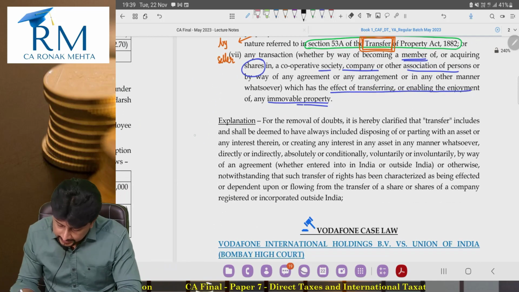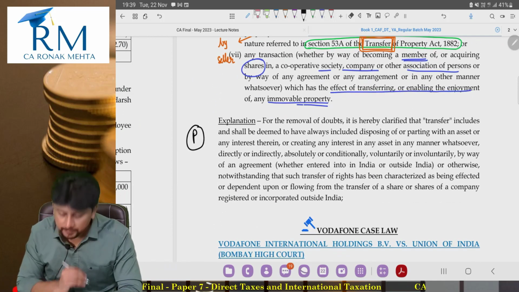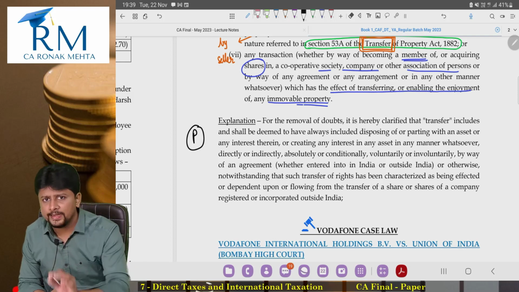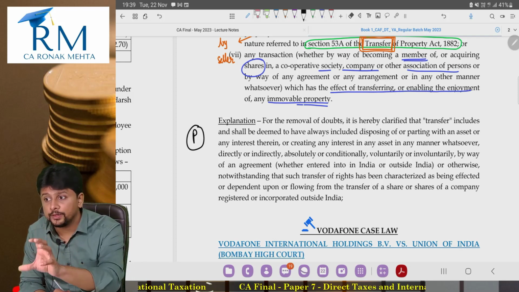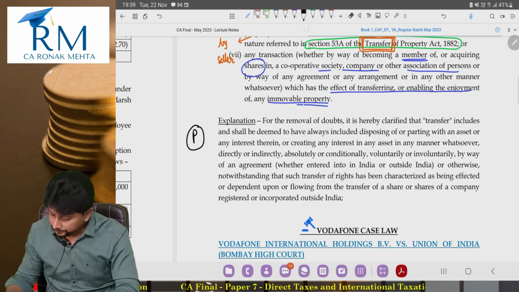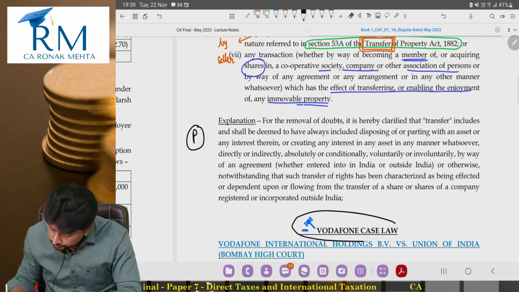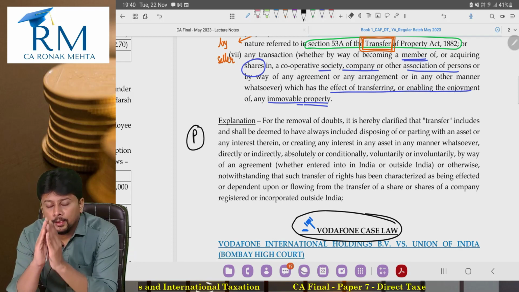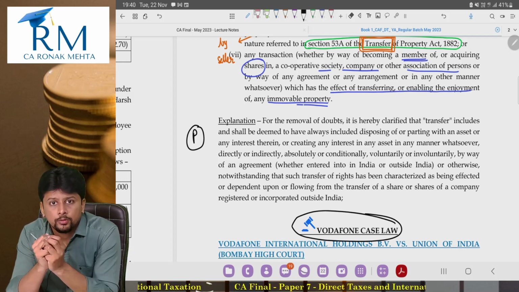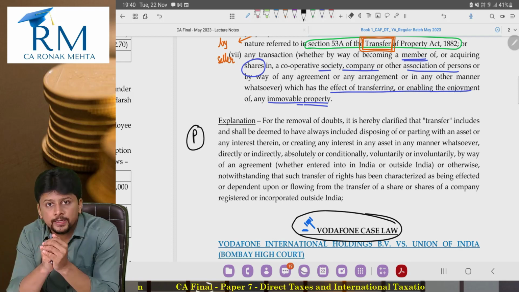There is an explanation. We will keep this pending because one lecture later there will come a situation where I will cover this explanation in depth, very famously Vodafone case law. So at an appropriate stage I will bring this Vodafone case law into our discussion. As of now I am keeping this explanation pending.